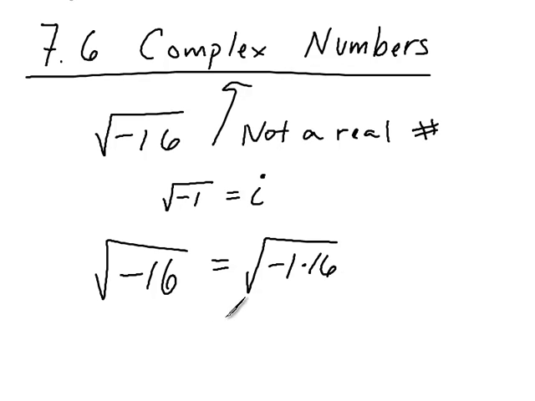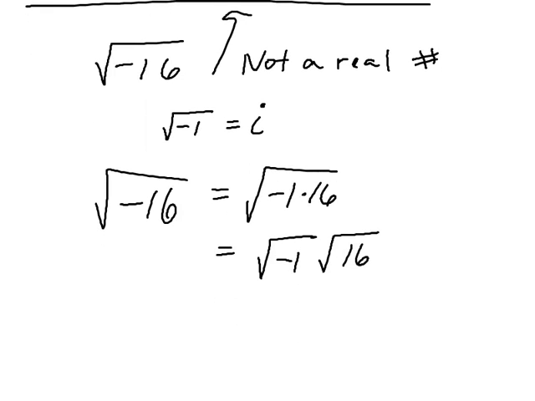And then we use our little properties and say this is the square root of negative 1 times the square root of 16, and our new definition that the square root of negative 1 is i. So then we can say this is i times the square root of 16, which is 4, so 4i, which is a complex number.